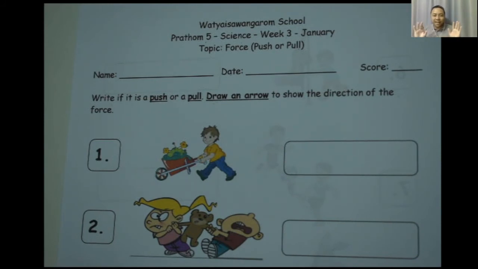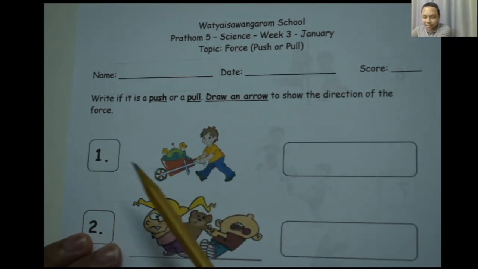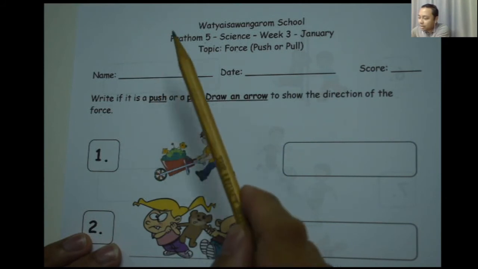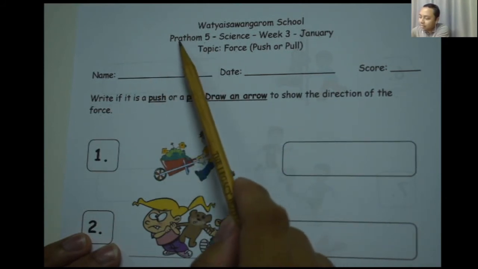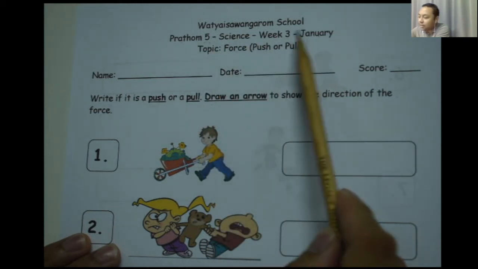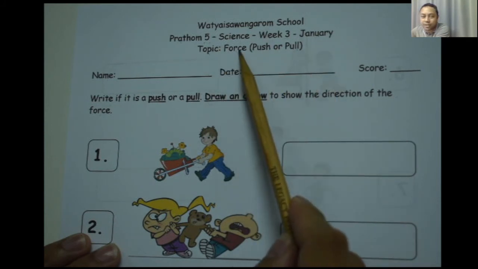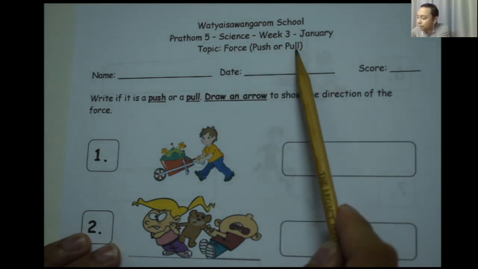Hello Prathom 5, it's time to answer your worksheet. This is your daily worksheet. Make sure that it is written here: Prathom 5, Science, Week 3, January. And the topic is force, a push or pull.